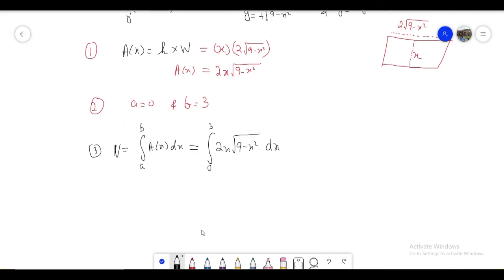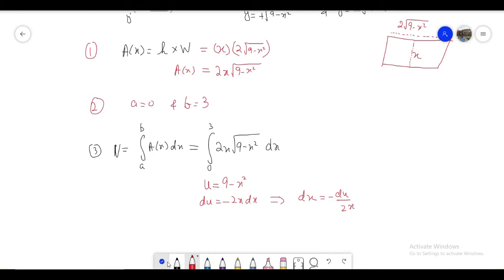We can call u is equal to 9 minus x squared, and du will become minus 2x dx, so dx is equal to du by minus 2x.